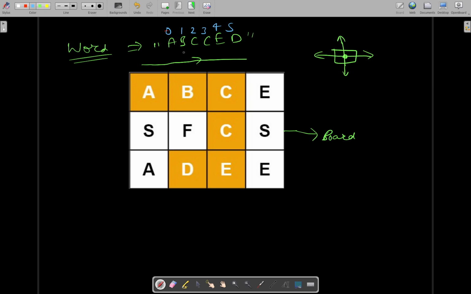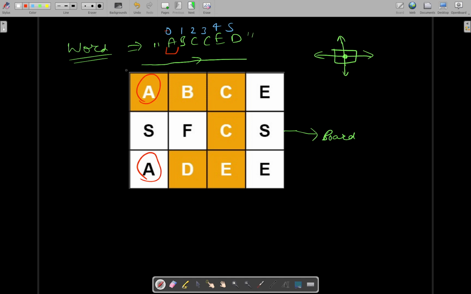Okay, and firstly we will be seeing which of the characters in this entire board is matching the first character. So you will be able to see that there are 2 cells or characters that are matching the first character of the word. Okay, so you will be starting your search from there, one by one.